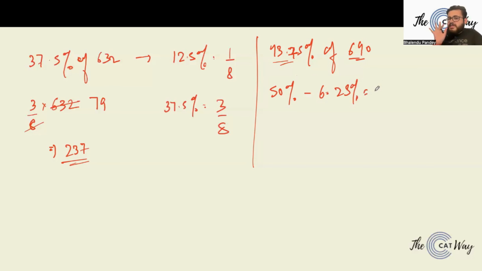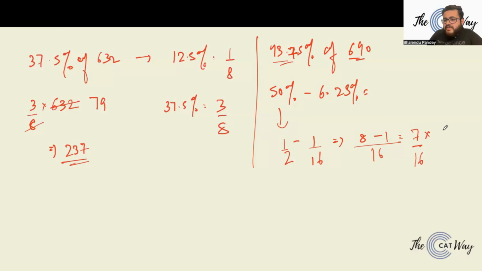Now what is 50% ka fraction? 1 by 2. What is 6.25% ka fraction? 1 by 16. So can I say that 43.75% is nothing but 1 by 2 minus 1 by 16? Which ultimately turns out to be what? 16 as the LCM. This goes 8 times, this goes 1, this becomes equal to 7 by 16.